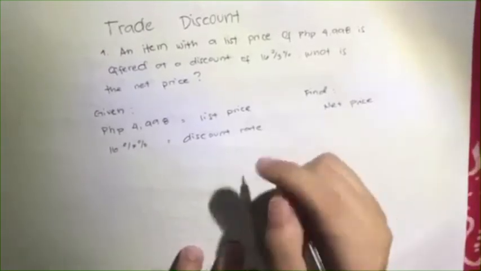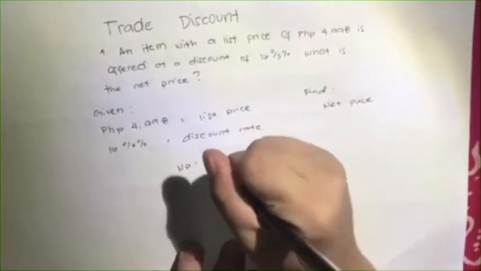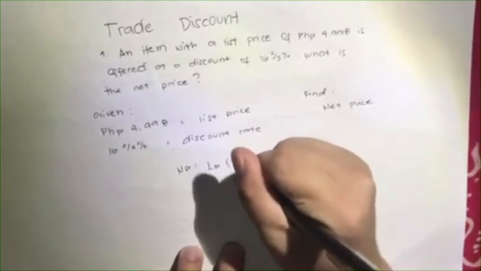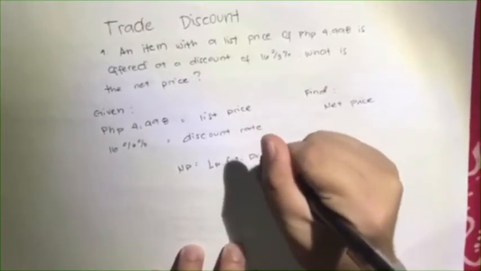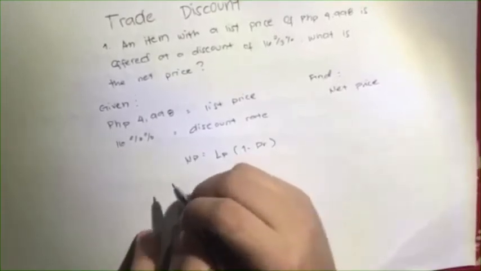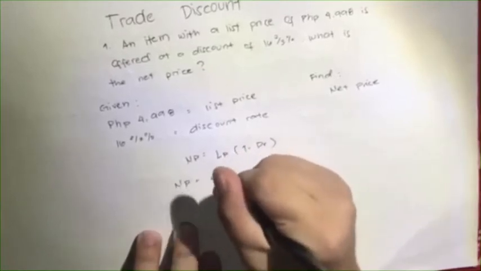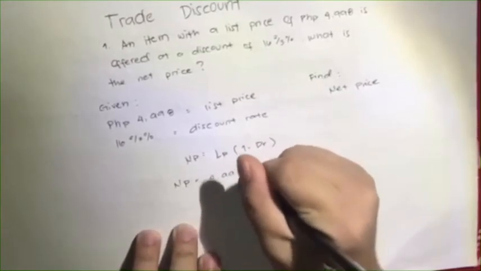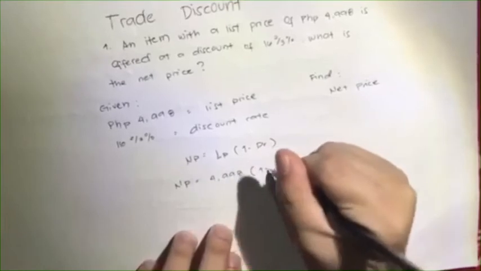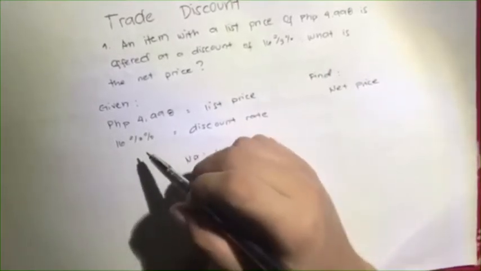So, meron tayong formula na net price is equals to list price times 1 minus discount rate. So, substitute lang natin, net price is equals to list price, 4,998 times 1 minus, kailangan natin siya gawing decimal form.